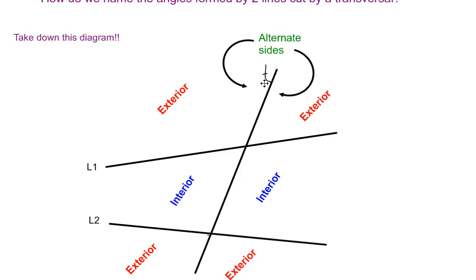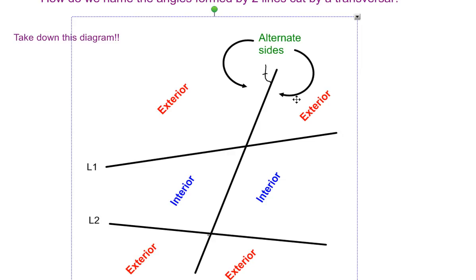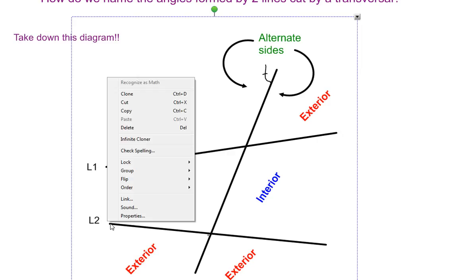Alternate sides of a transversal are opposite sides of the transversal. This is your transversal, this line going straight down here that intersects the two lines, line L1 and line L2, at two distinct points. Here are alternate sides. What does interior mean? Well, interior means inside. Notice how these two parts of my alternate sides are the interior because they are inside or on the interior of line L1 and L2.